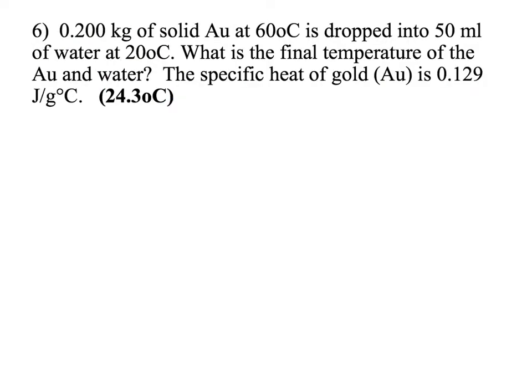Number 6. Again, this one is just like number 4, which we've already seen. I'm going to go on and write the equation that we came up with for number 4, and we have MC (TF minus TI), and this is for the water, is equal to minus MC (TF minus TI) for the metal.